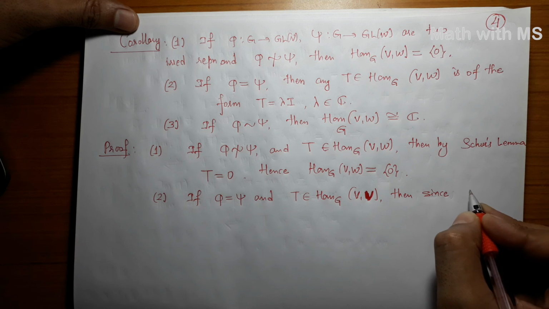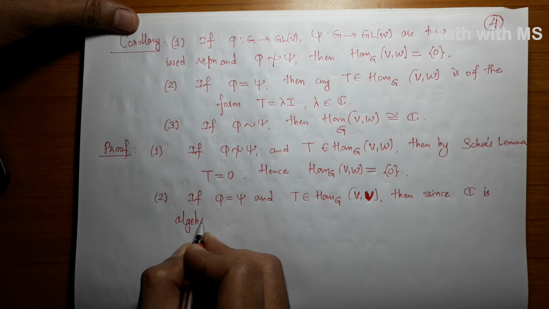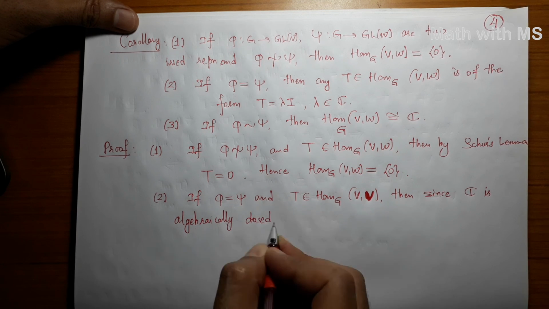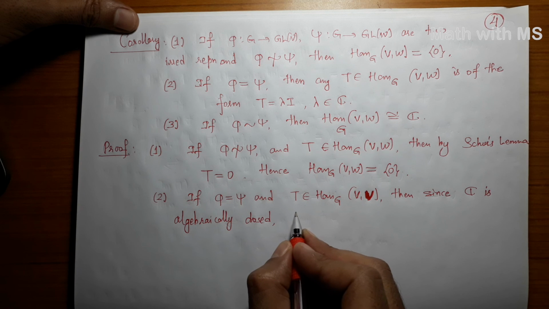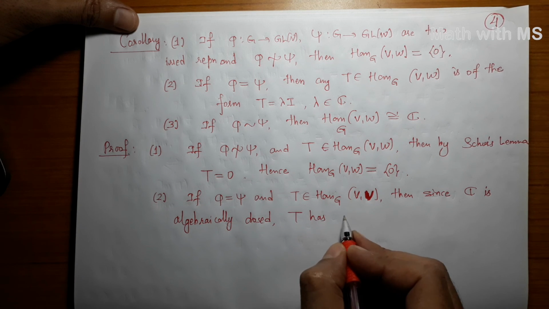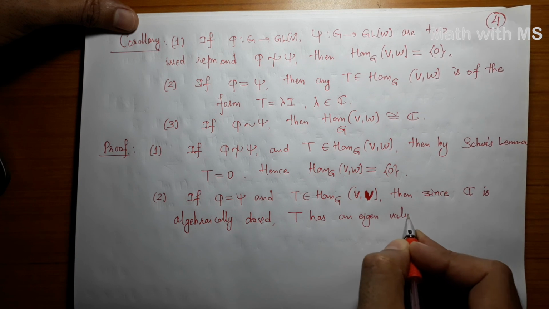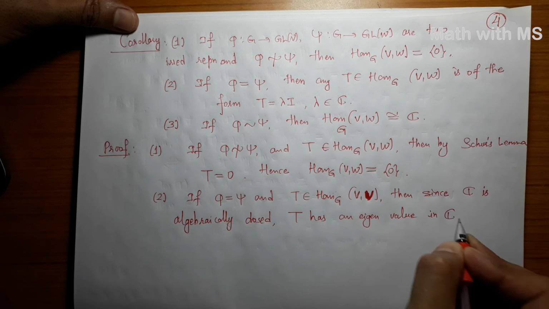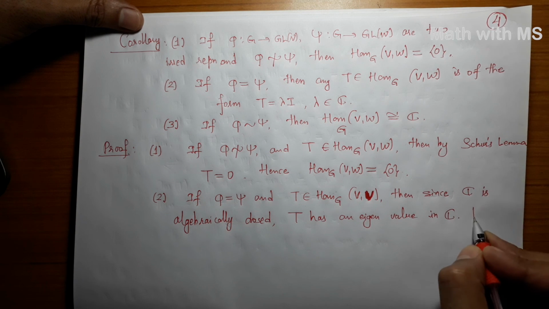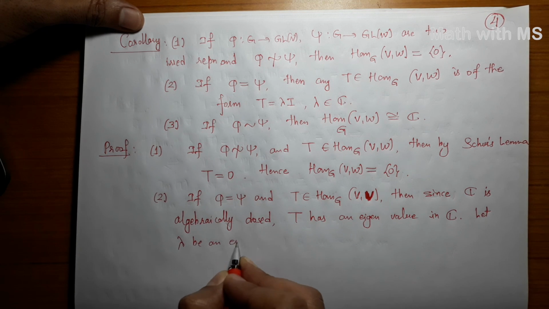Since C is algebraically closed, T has an eigenvalue in C. In fact, all eigenvalues lie in C. So let lambda be an eigenvalue of T.